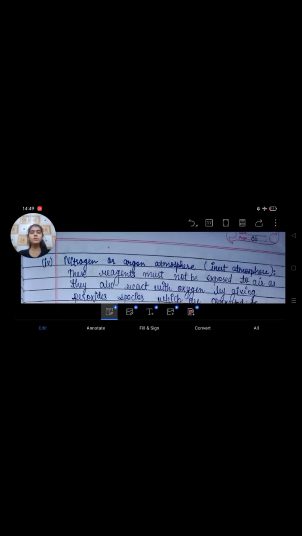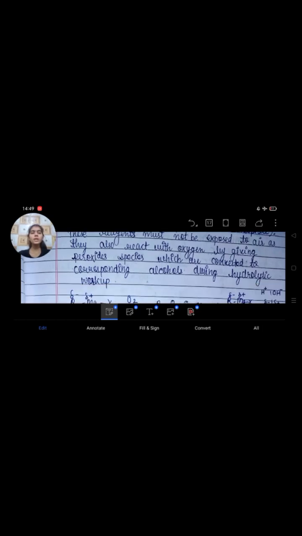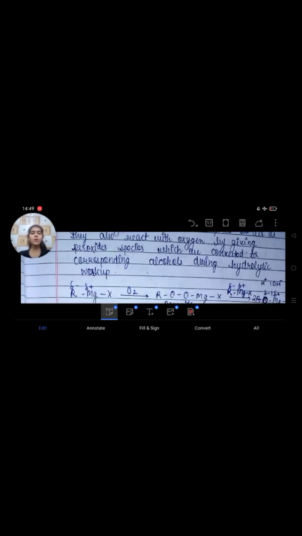Fourth precaution is nitrogen or argon atmosphere, that is inert atmosphere. These reagents must not be exposed to air as they also react with oxygen, giving peroxide species which are converted to corresponding alcohols during hydrolytic workup.